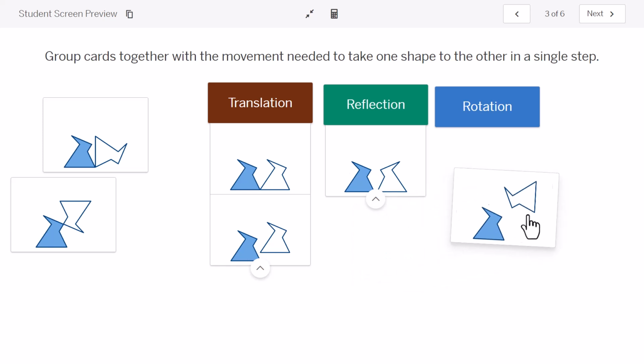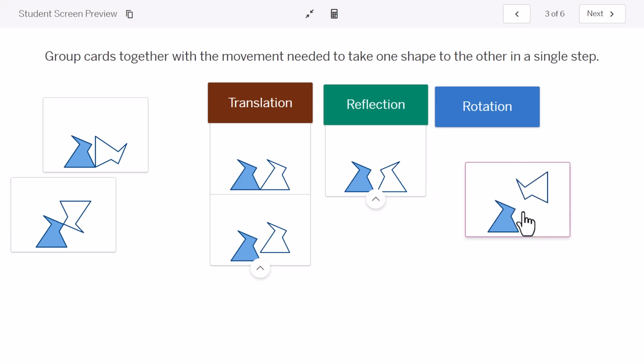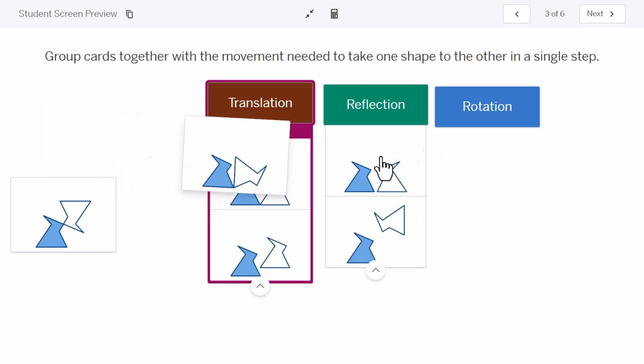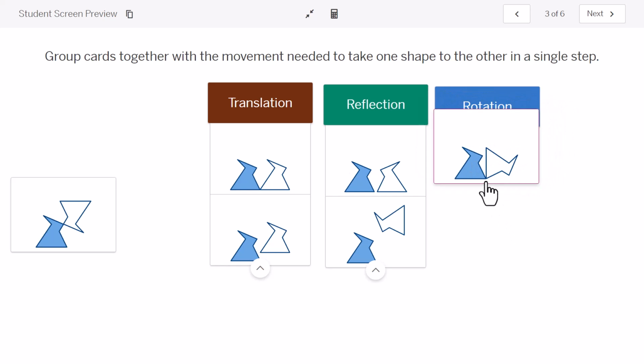And it might not seem it, but this is also a reflection. Imagine like a mirror coming down at this diagonal so that it's facing the opposite direction. Okay. This isn't really a turn so much because it flips into the opposite direction. This is a reflection.